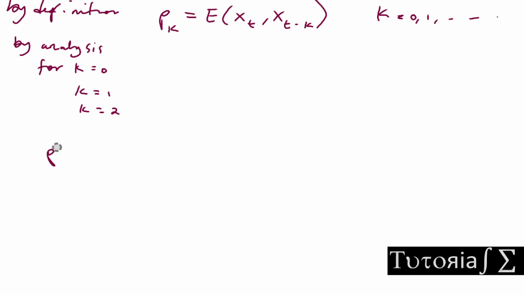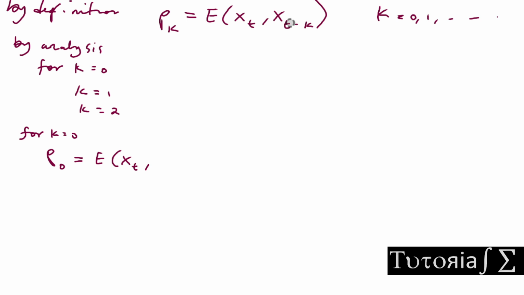Let me just put it right here. So for k equals 0, we're going to have rho 0, which will be equal to the expectation of xt times xt minus 0.